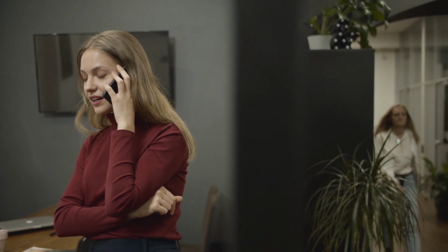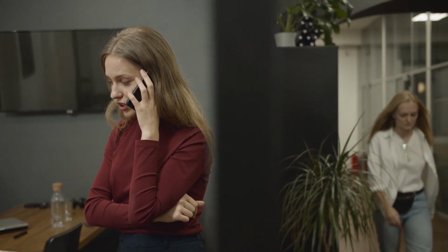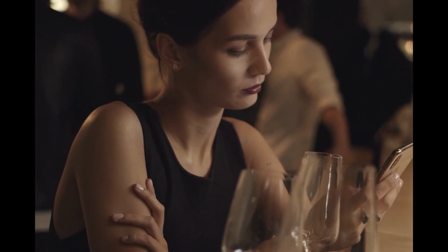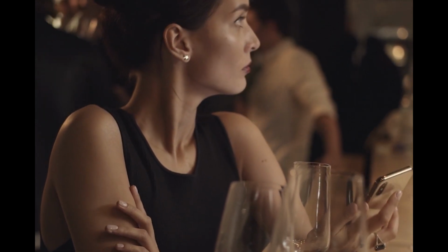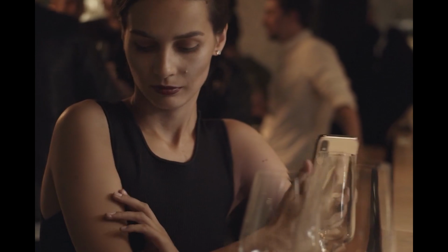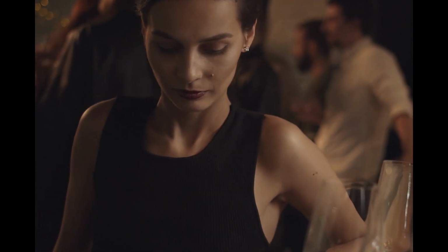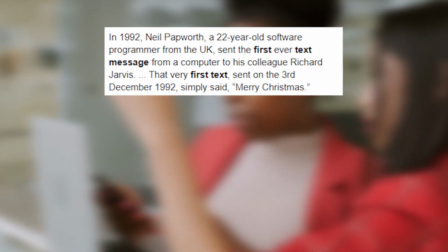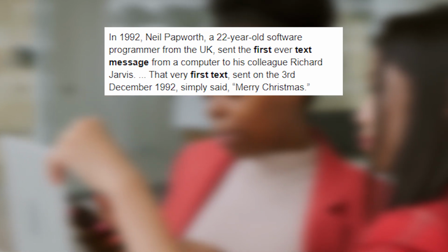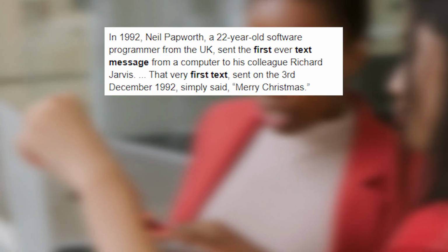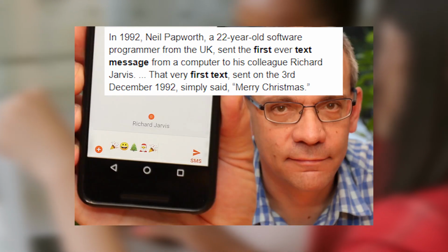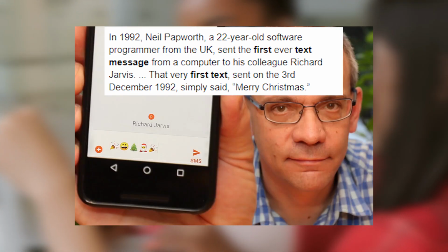Another reason people use messaging over phone calls is that it is less stressful, as the person does not have to come up with an answer on the spot, while a text message can give them time to think and respond. The first ever text message was sent on 3rd of December 1992 when Neil Papworth wrote Merry Christmas to Richard Jarvis on his mobile phone.